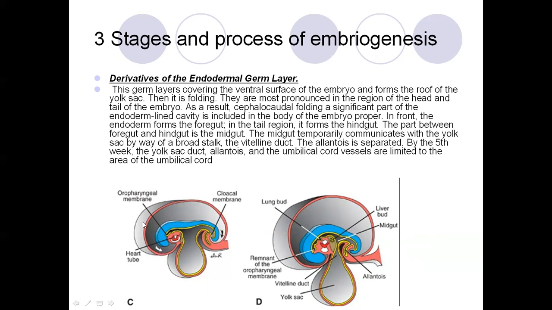So this part is the head of the embryo, this part is the tail of the embryo. And yellow color, this is endoderm.